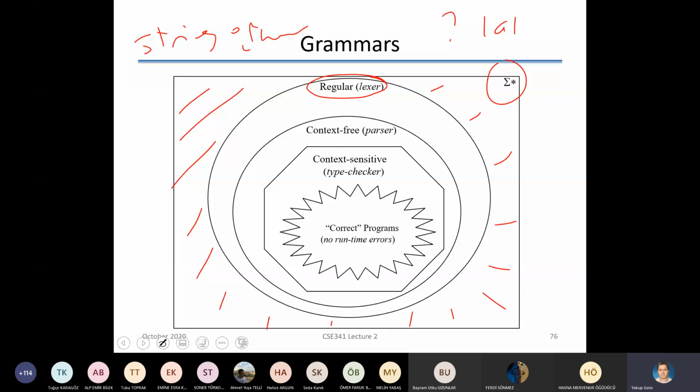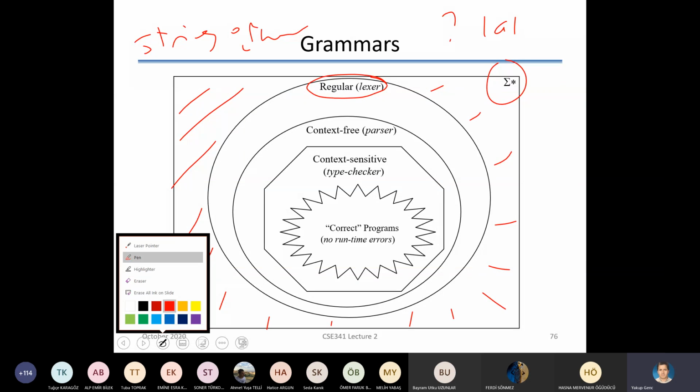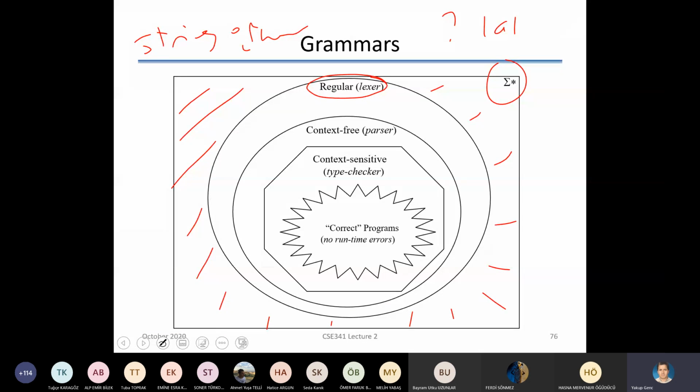And then comes your other part, the context-free grammar. This is the parser, the concrete syntax, and it will already eliminate portions of whatever your lexer is passing. For example, your lexer may pass A, B equals C, but the parser doesn't like this one. It says there is no syntax rule for this one, so it will be removed, or rejected.